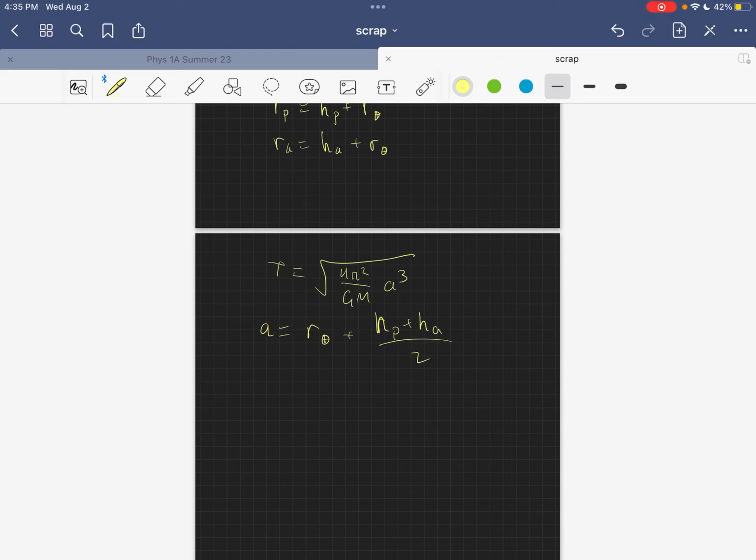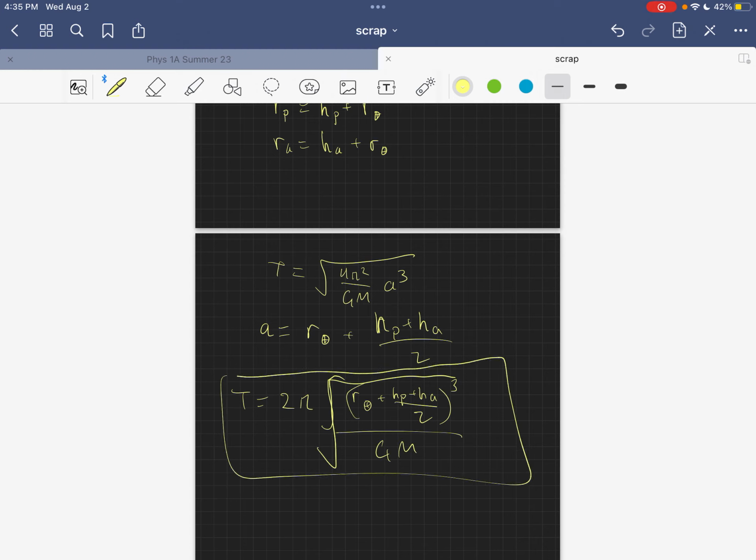All right, so you can plug that in. And you would have this, right, like this, divided by 2. This would be cubed, and this is over GM. This is all square rooted here. And that would be your answer.